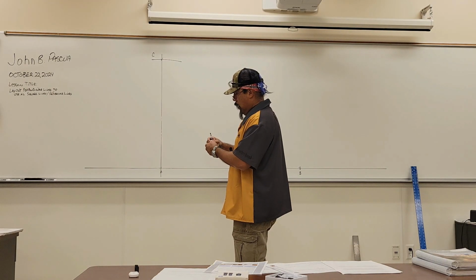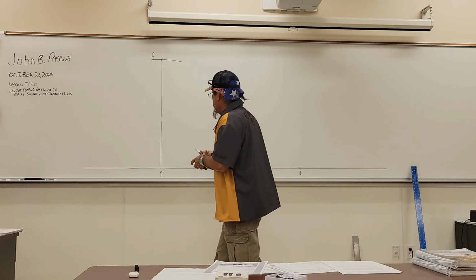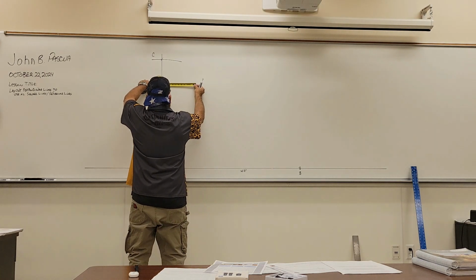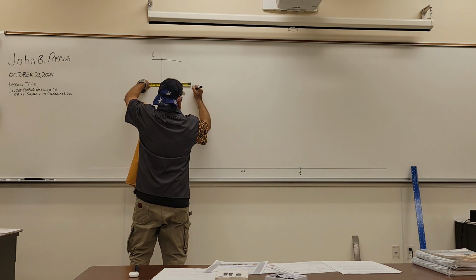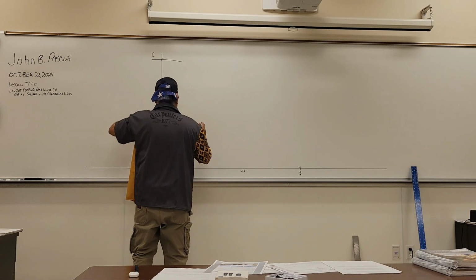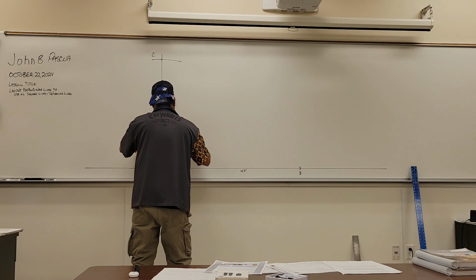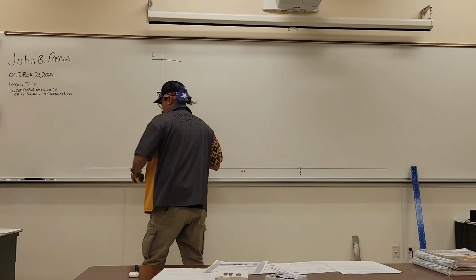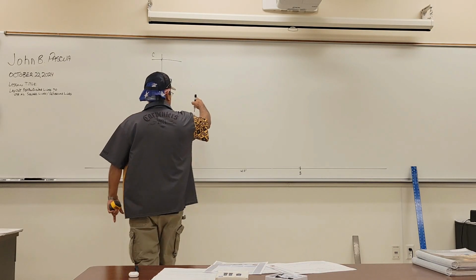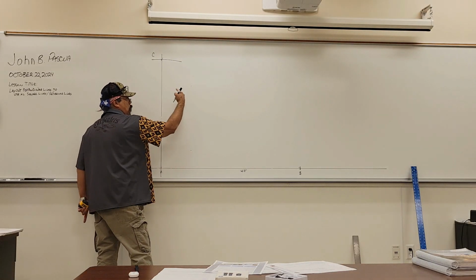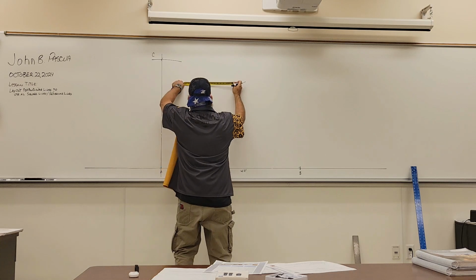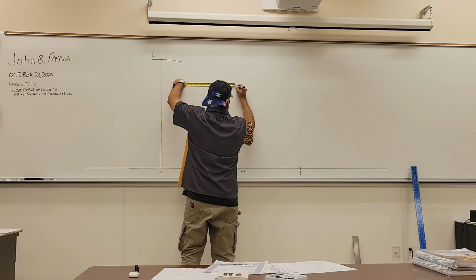So from our vertical line, I'll measure over 10 inches. And since I've decided to make this a 15-inch square, from these two marks, I'll measure over 15 inches for our 15-inch square.